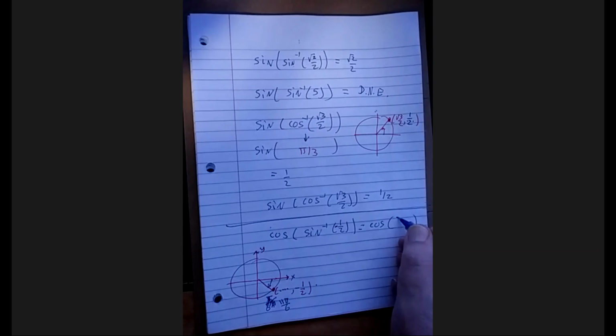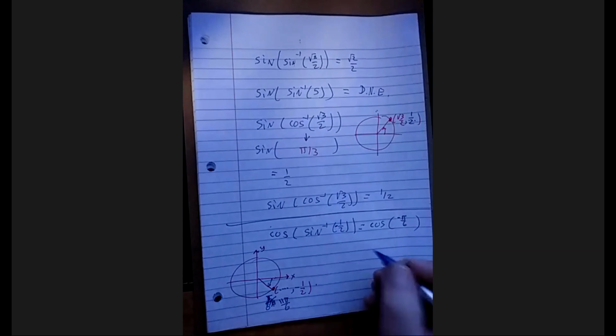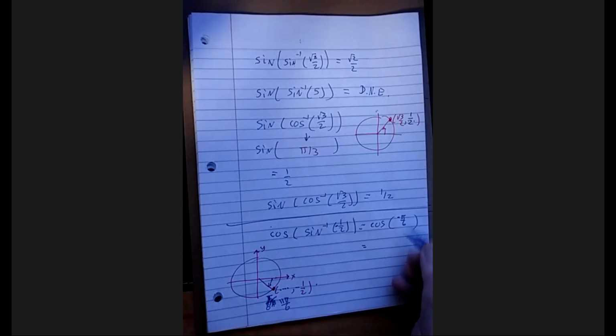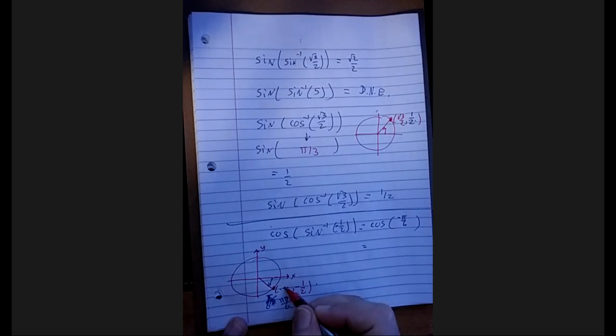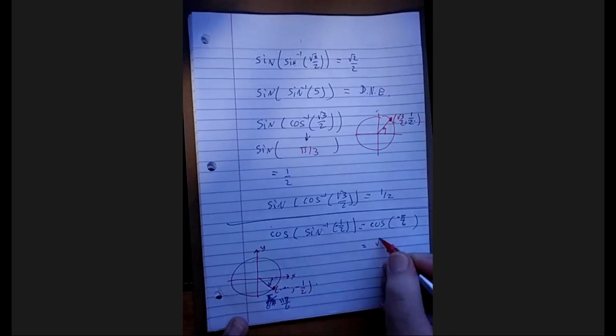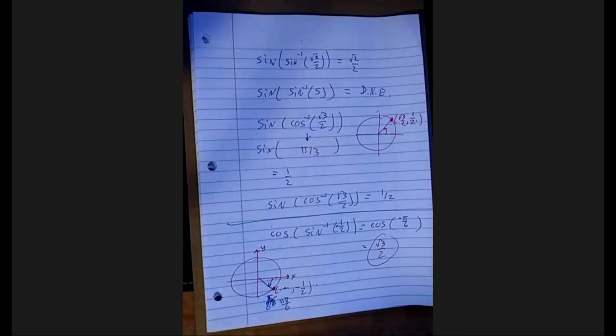Don't we call it negative pi over 6? In a way, you could make a mistake here and it's not going to hurt you. Because once you've got that answer, don't you just find the cosine of it? And won't the cosine be this fella? And this fella happens to be root 3 upon 2. And so there is your final answer.